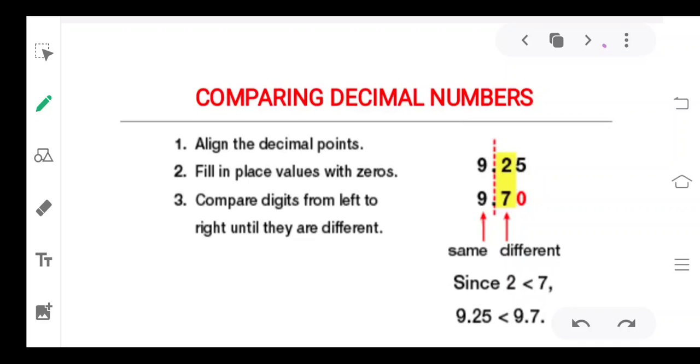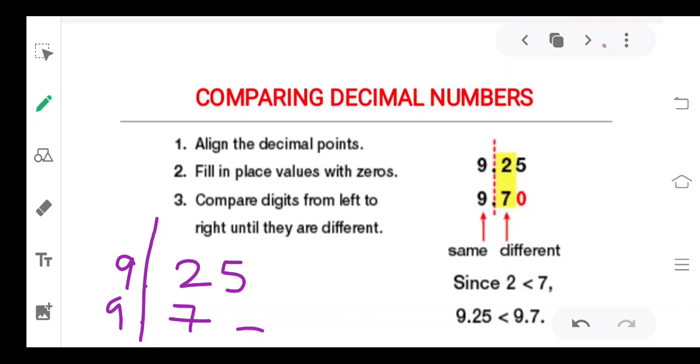You can see here there are two numbers, 9.25 and the second one is 9.7. So first, align the decimal points. Fill empty place values with 0. You can see here there is no number, so we are going to fill this place with 0.